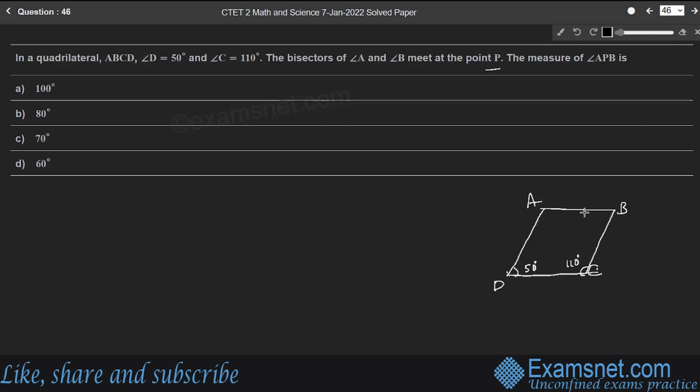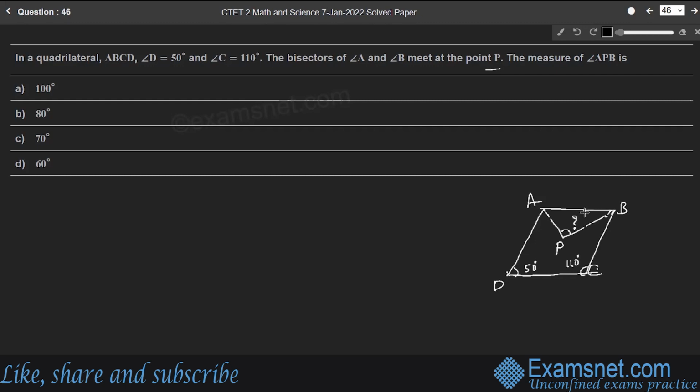So bisectors of angle A and angle B meet at a point P. So we have to find the measure of angle APB, this angle P, right?